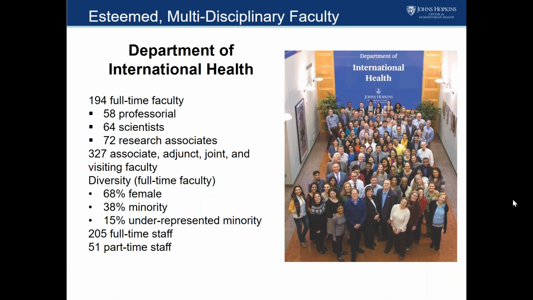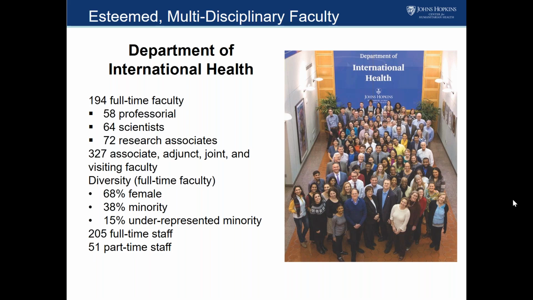So this is just a quick overview of the department. Not everybody is there because they wouldn't fit. This was during a recent event at the school, recognizing the anniversary. I think it was the 50th anniversary. But right now there are 194 full-time faculty and various types of faculty, whether they're professors, scientists, or research associates.